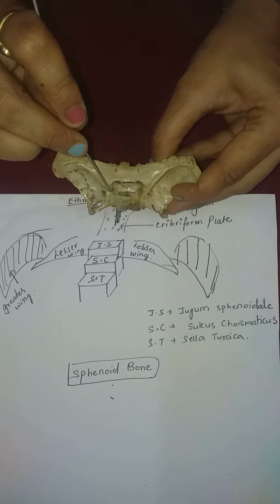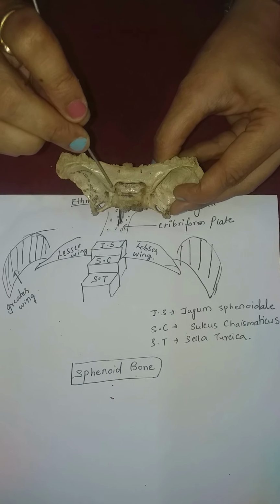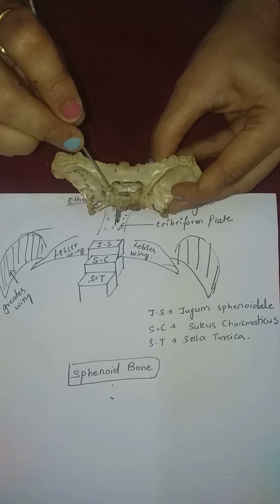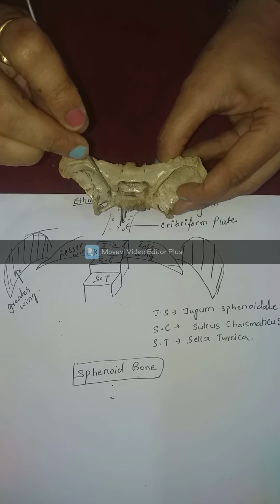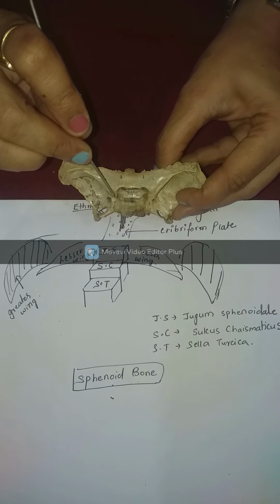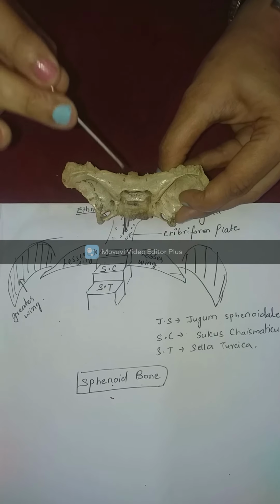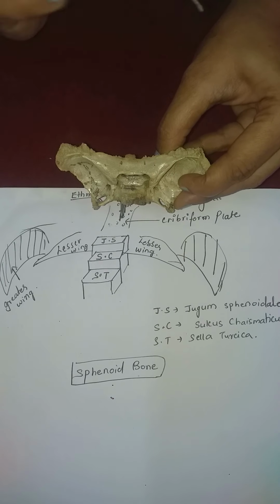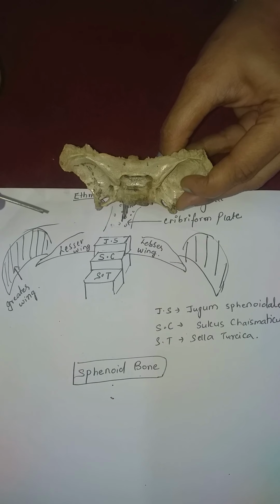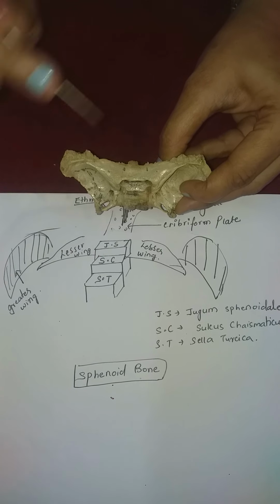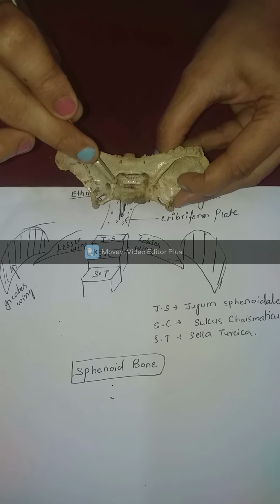Anterior clinoid processes: these two projections from the lesser wings of sphenoid are called clinoid processes, to which the tentorium cerebelli is attached. Do not get disturbed by these terminologies, because these will come up slowly in the videos, and we will reveal all the mysteries. For now, you just remember that these are anterior clinoid processes.